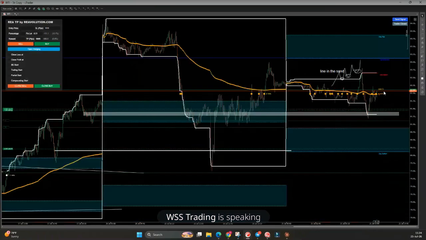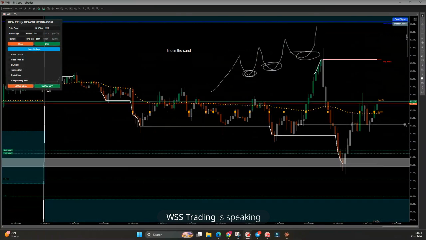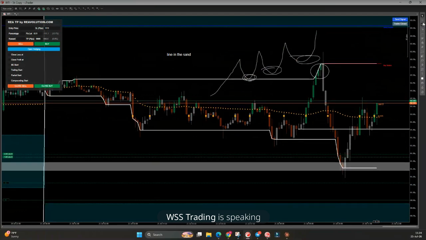So this is the daily mode, okay? And from here, we made our first extension to the daily highs. What I'm saying is, use this as your line in the sand. Buy now, stop loss here. I buy, stop loss. If price stops me out, buy again when it goes above this.